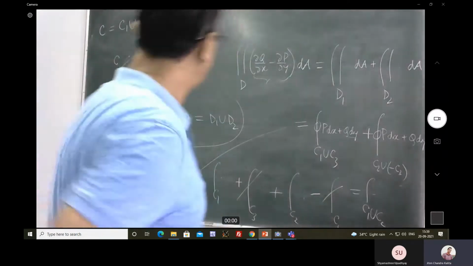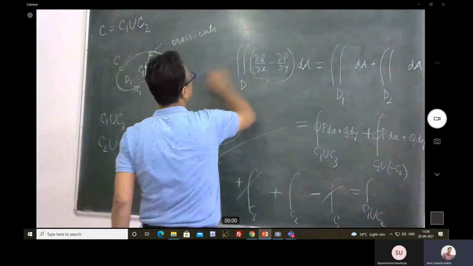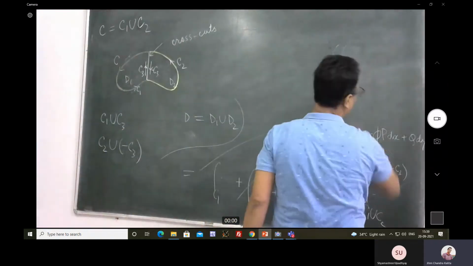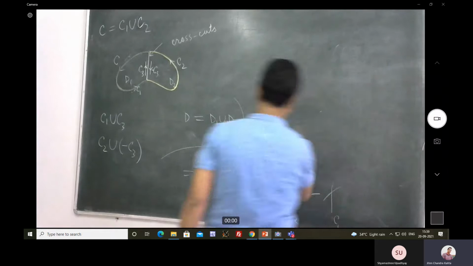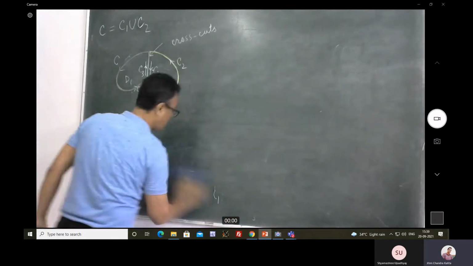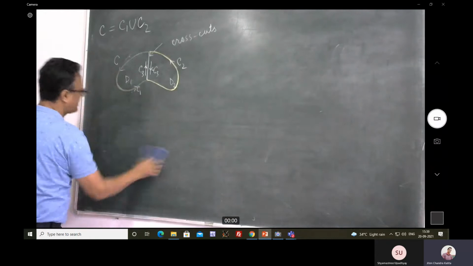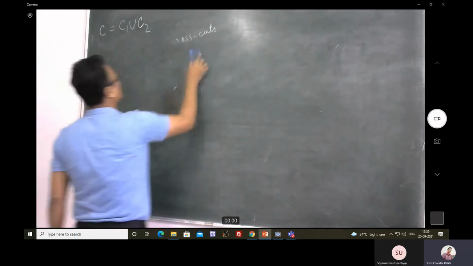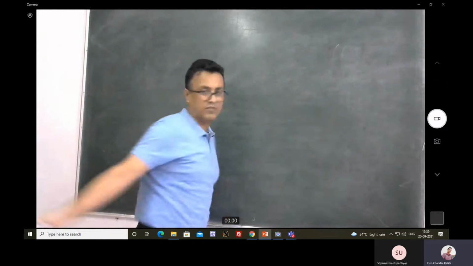Now how are we going to make use of it? Let us work out one example, and after that I will show some more applications, or you may consider that an extension of Green's theorem to general regions.